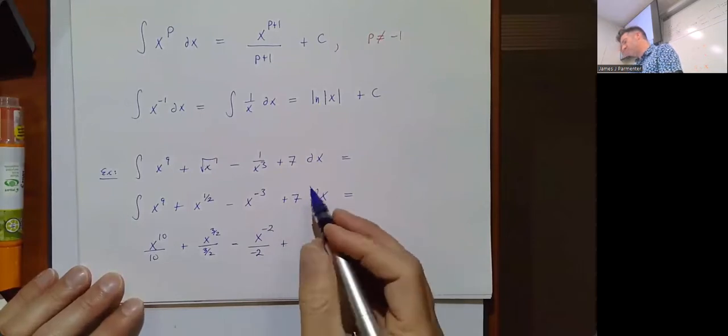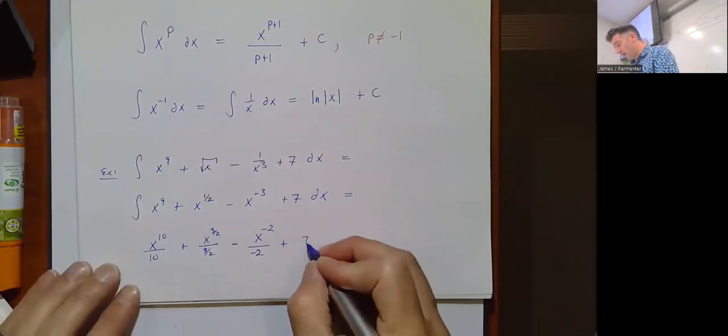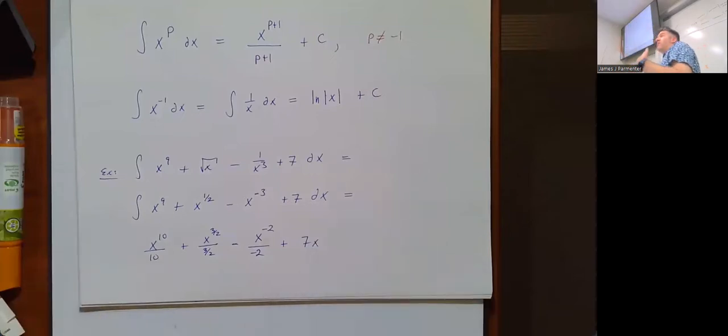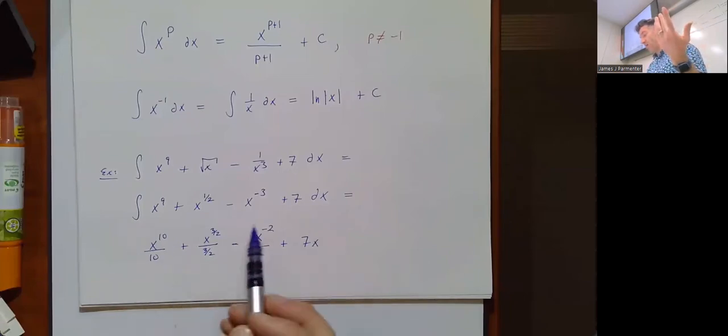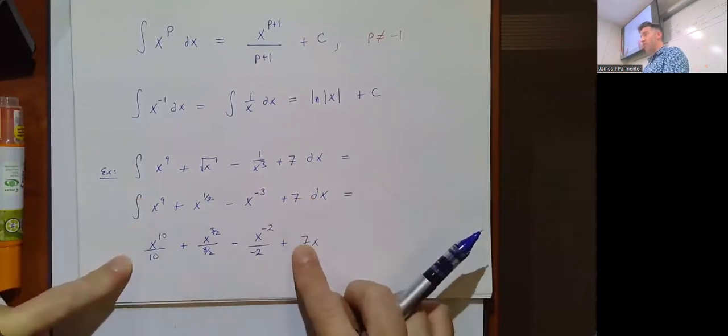And here's one that sometimes throws people off. The antiderivative of a constant is that constant times x. The antiderivative of 7 is 7x. How do you know that works? Well, if you go the other direction, what's the derivative of 7x? 7. And whatever we've got here, its derivative should be what's in there. That's the whole derivative-antiderivative relationship. The antiderivative of this is that, the derivative of this is that.